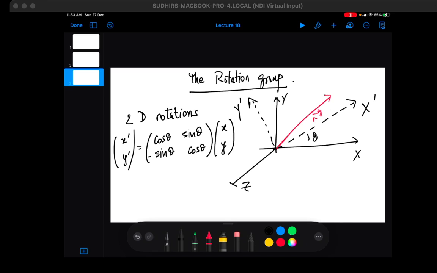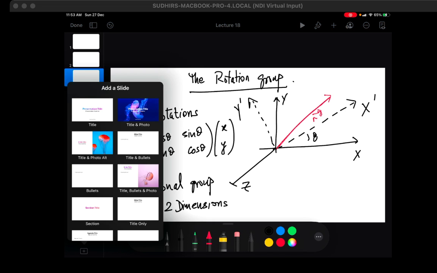This is a group which is an orthogonal group of 2 dimensions, and it goes by the name O2.